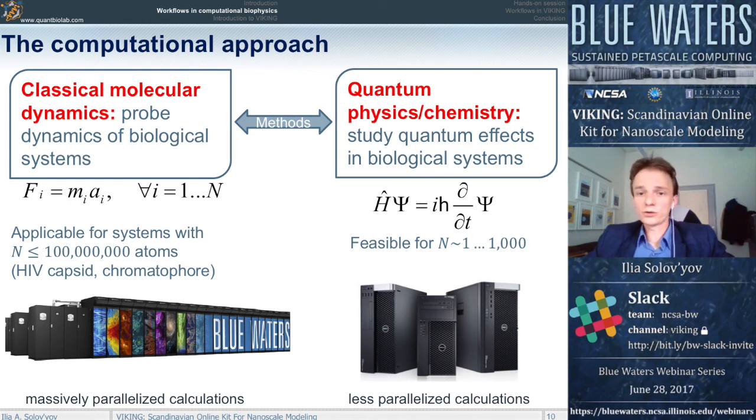Also, if you try to do quantum chemistry on the most powerful computer, that often doesn't bring much, because the codes are not suitable to run on these huge machines. But very important is that these two scales, the classical scale and the quantum scale, often need to be linked to each other, because a lot of information goes from one scale into the other that determines how things behave on even larger scales.